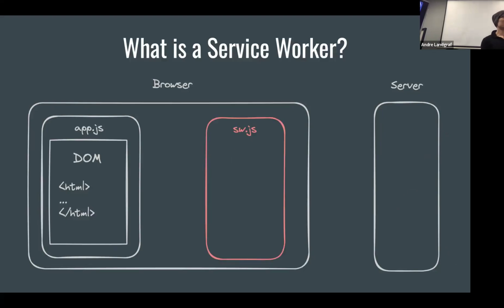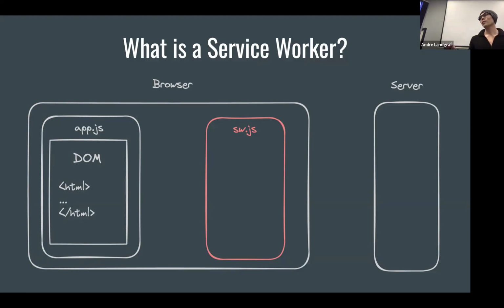So that's where service workers come in. So service workers are basically just a JavaScript file, except it is separate from your main app.js file. It runs in the background on a separate thread from the main JavaScript file. So it's two different threads, and it comes with some benefits, right?